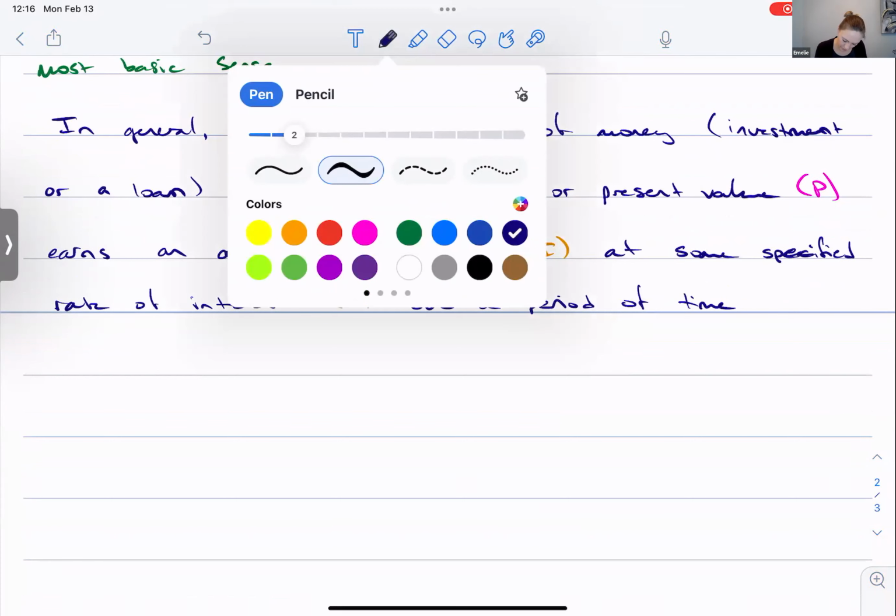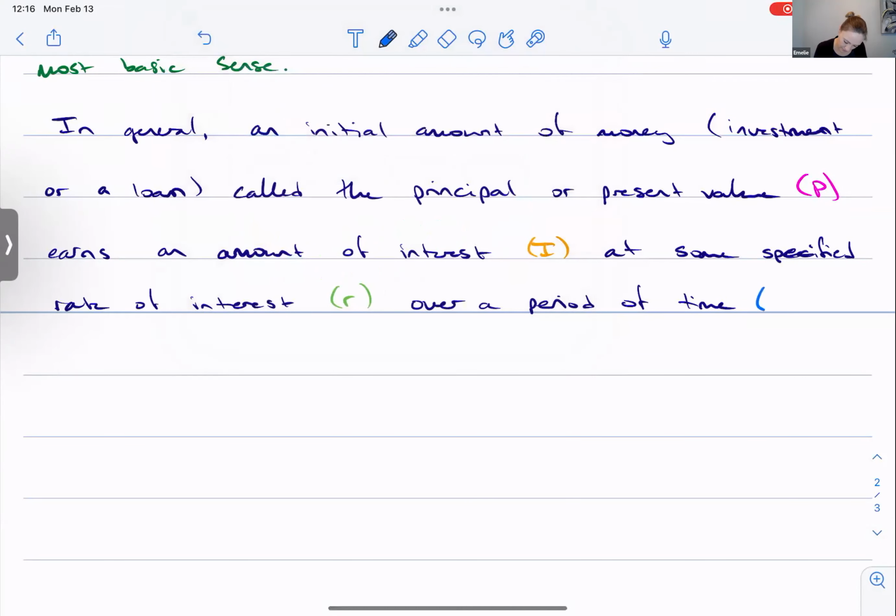Which we'll denote by, oh, I already used, running out of colors here. The final value, so the total amount owing, from the bank or from you, depending on which direction this exchange went.